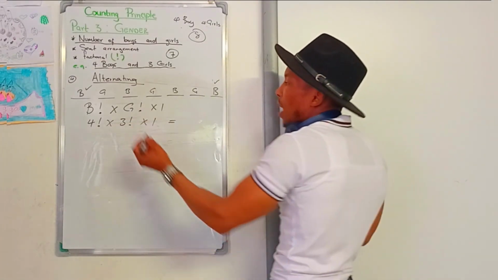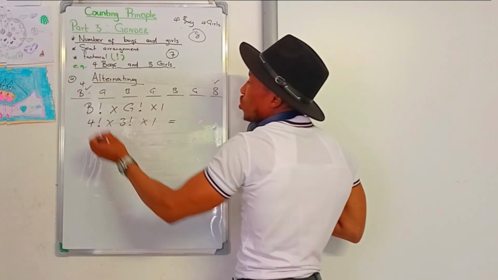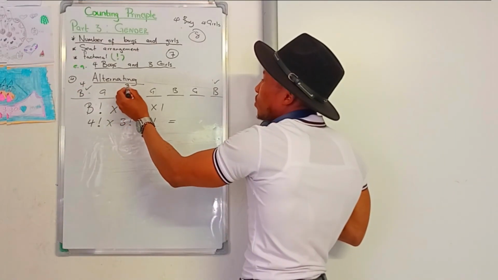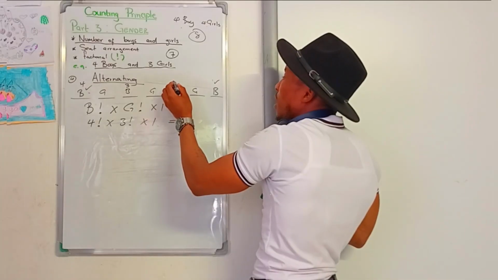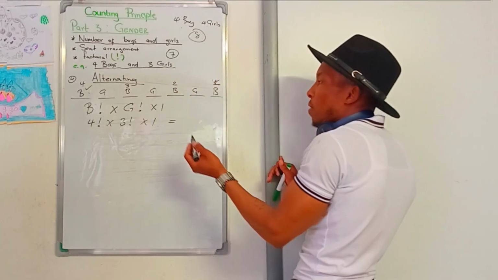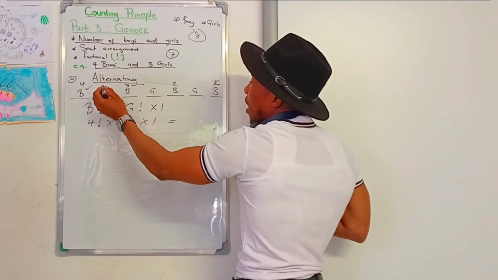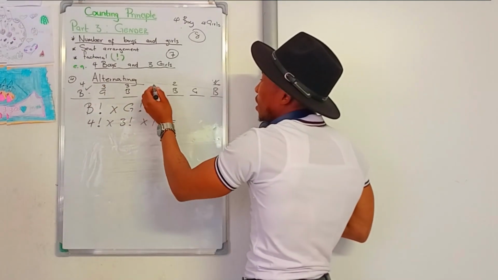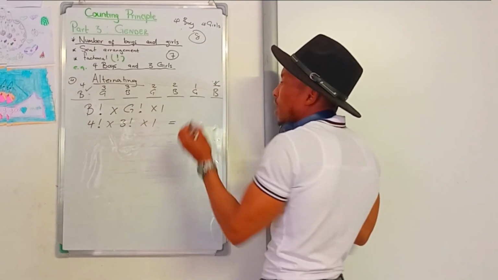Why is it 4 factorial? Because here we choose from 4 boys, and here we are left with 3 boys, and here we are left with 2 boys, and here we are left with 1 boy. And here we have 3 girls, then here we are left with 2 girls, and here we have 1.